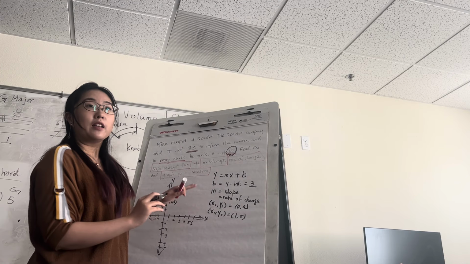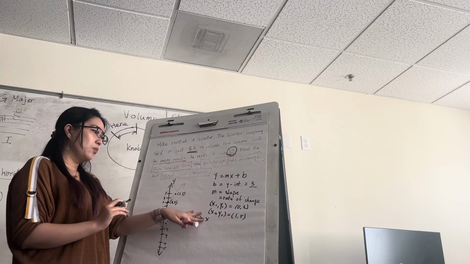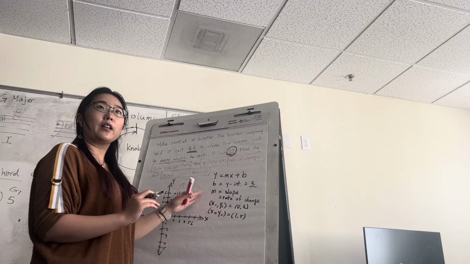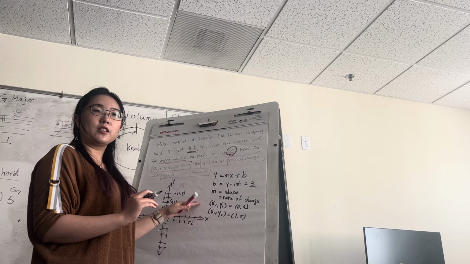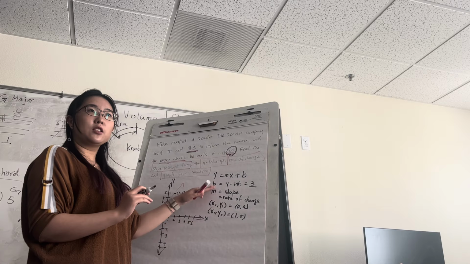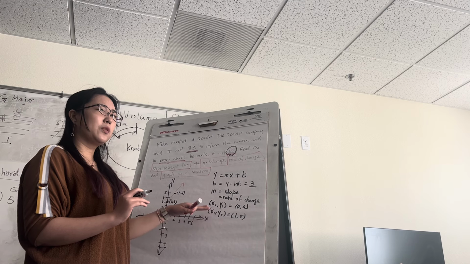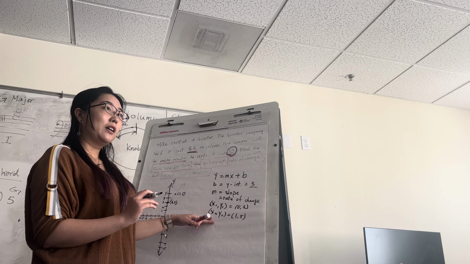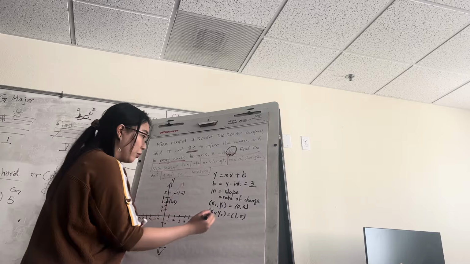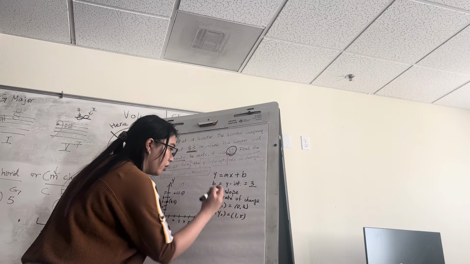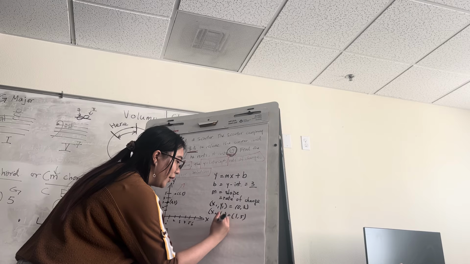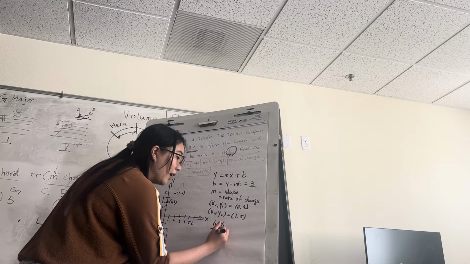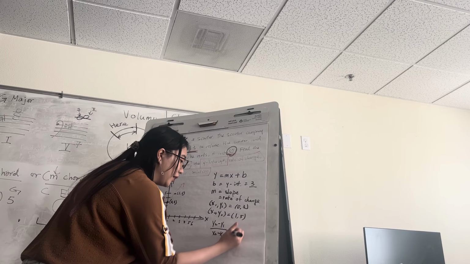Okay. Now I can use these 2 points and apply them to my slope formula. And no one has told me what the slope formula is yet. Does this look familiar? It starts with y2. Yes, y2 minus y1. So my slope m equals y2 minus y1 over x2 minus x1.